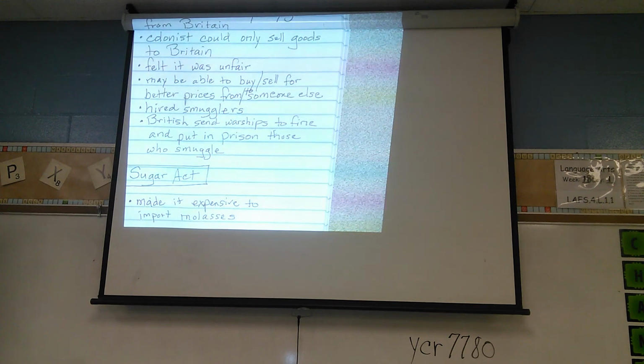The Quartering Act, the Navigation Acts, and the Sugar Act seemed to the colonists like sneaky ways of making Britain richer at their expense. And so, hopefully, as a writer, you're noticing that as they're getting down to the end of the chapter, you can see sort of like a summary of the important things that we should have taken notes on.